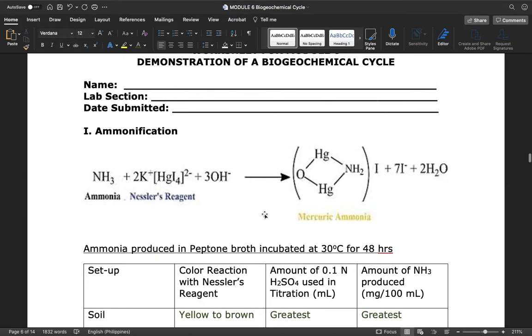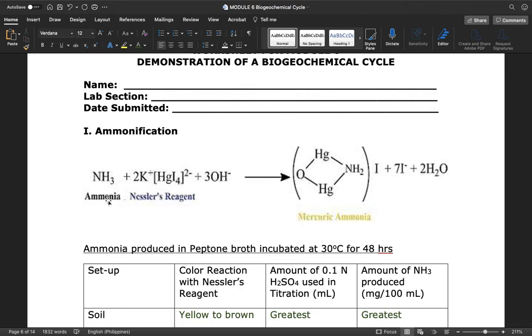Okay, so this reaction here is called the Nesslerization reaction. A molecule of ammonia, once you add the Nessler's reagent, will react with it, forming a yellow-brownish colored chemical species, and that's what we call mercuric ammonia.